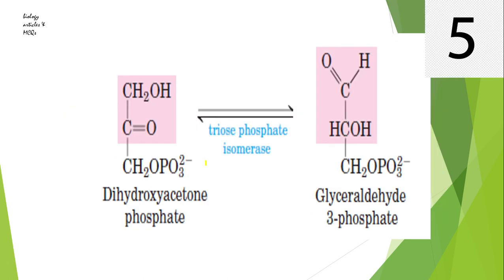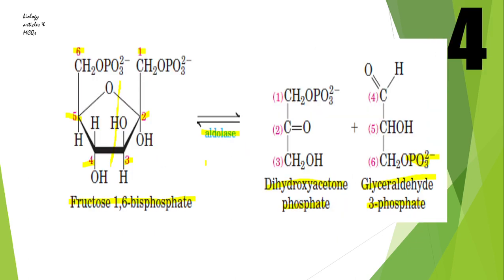In the next step, the dihydroxyacetone phosphate and glyceraldehyde 3-phosphate are formed. These are also isomers of each other, means they both have phosphate molecules, and they both have 3 carbon atoms, and the number of oxygen and hydrogen atoms in both molecules are also the same. So these are also isomers.